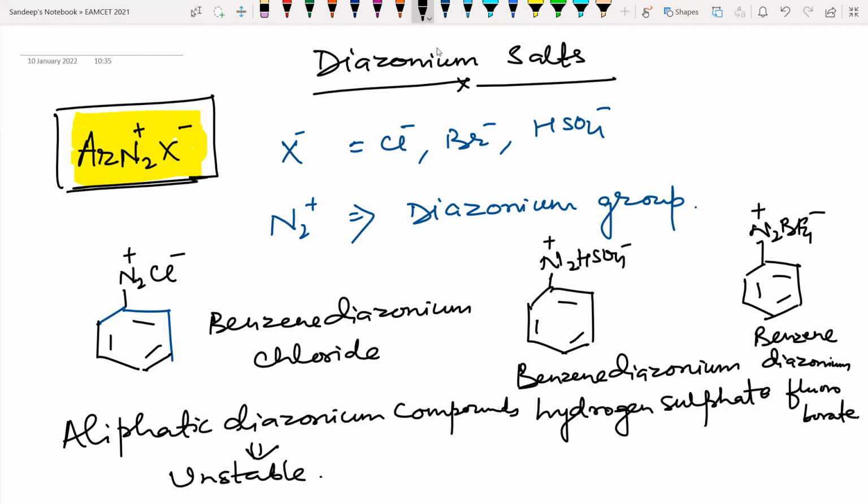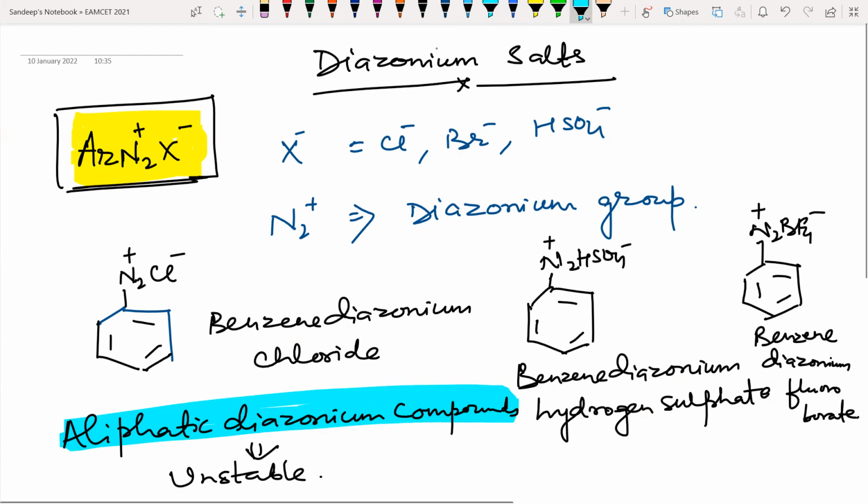But aromatic are stable, and that is due to resonance. So keep this in mind, students, that the aliphatic diazonium compounds are unstable, because there is no resonance in aliphatic.